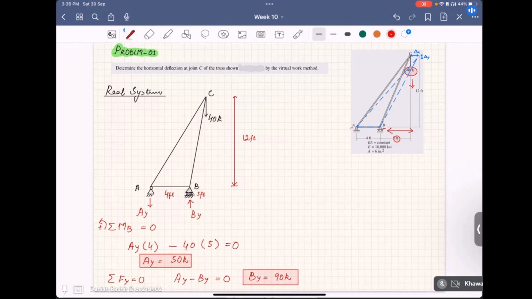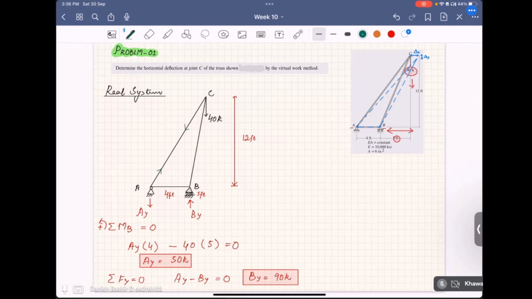Now, by the method of joints, you got all the forces at AY and BY, and by the method of joints, you will reduce all the member forces inside. Let me take internal tensile forces as positive and compressive forces as negative. So I will be writing the internal member forces in our real system.